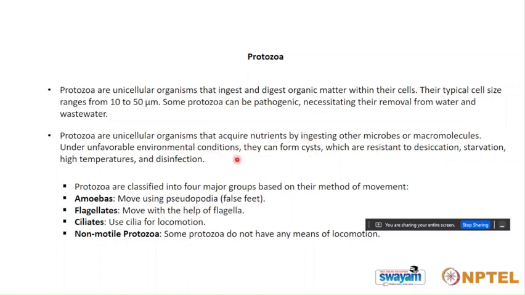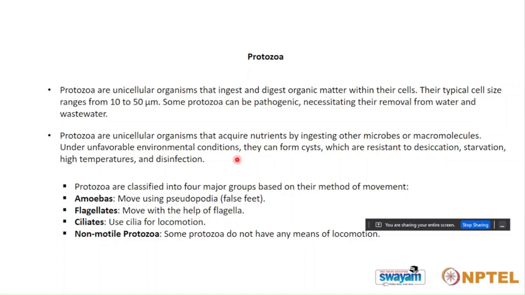These cysts are resistant to desiccation, which is nothing but moisture-less condition, starvation, nutrient-less condition, and high temperatures and disinfection. So this cyst can survive a wide range of environmentally unfavorable conditions.